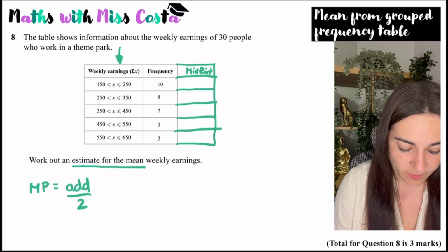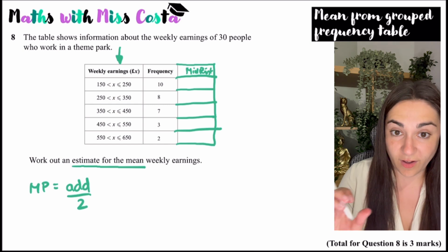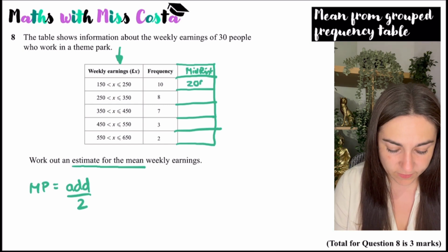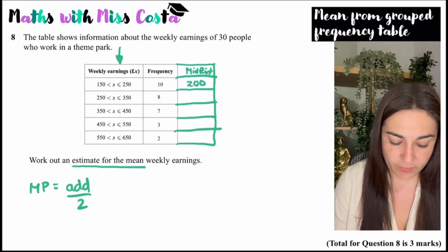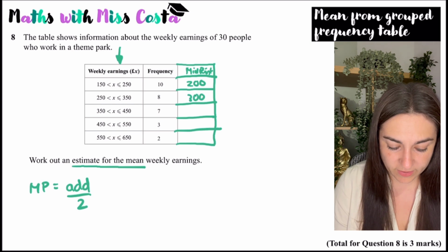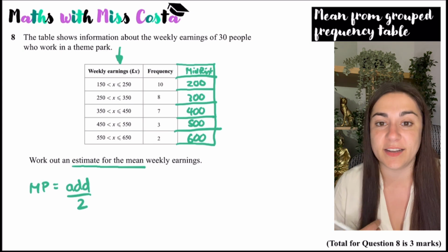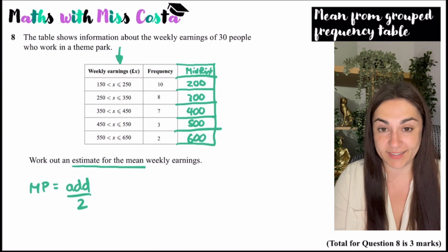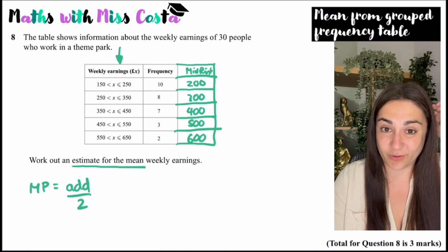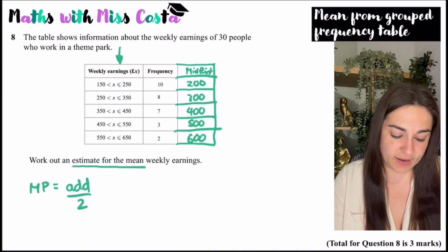So 150 and 250, the halfway point of that would be 200. The halfway point in 250 and 350 would be 300. Then 400, 500 and 600. All I'm doing is adding the two values together and dividing by 2, but because these ones are nice and simple, I know that halfway between 150 and 250 is 200.